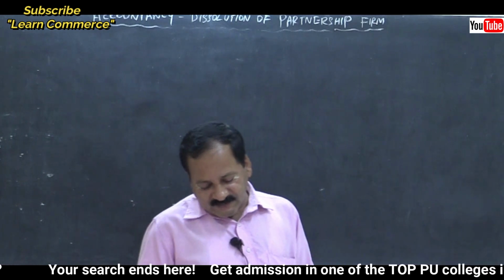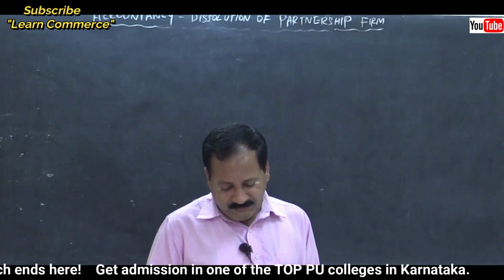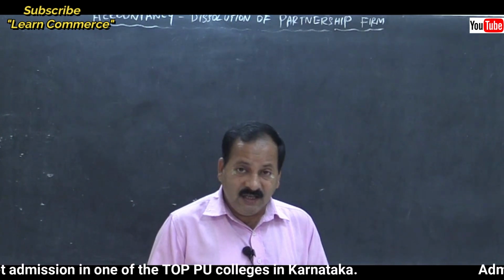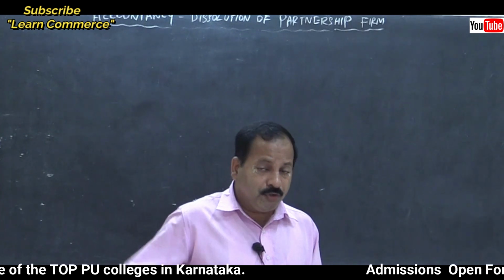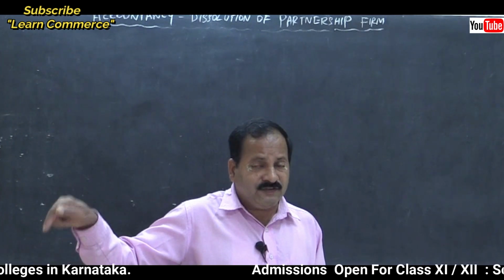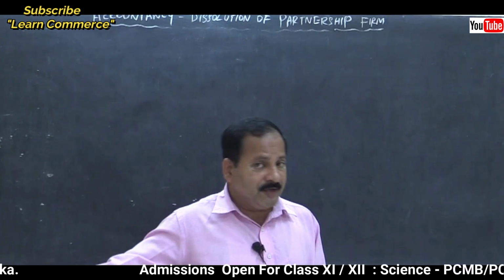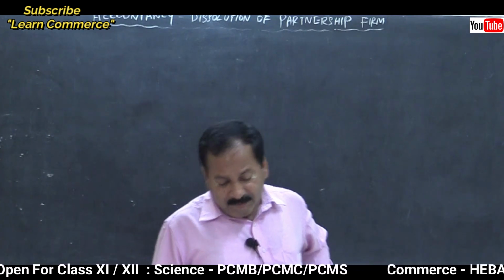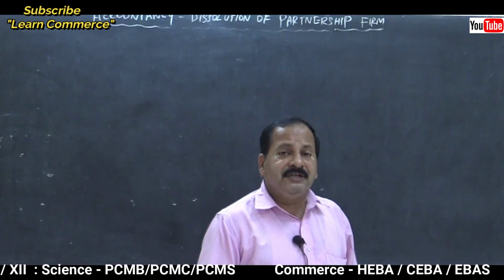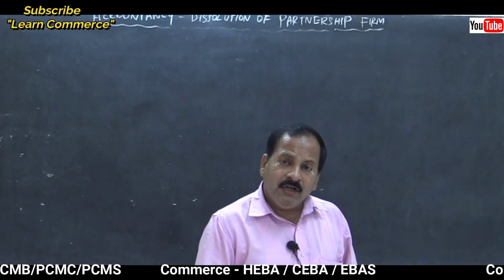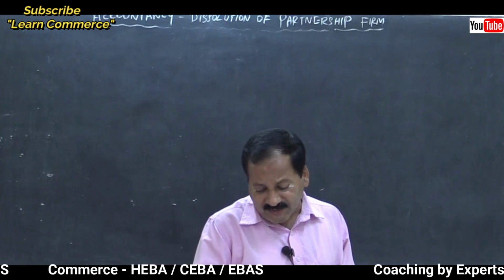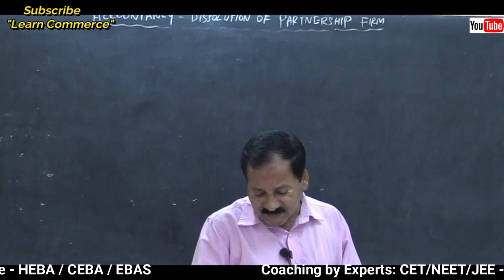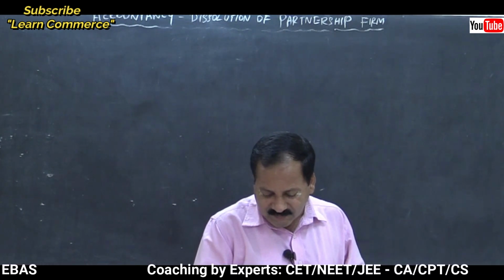Then the capital balances of Tanu and Sonu need not be transferred, because the capital balances will go to the combined capital accounts, starting with balance brought down on the credit side. Reserve fund, you know it very well, should be transferred to all partners' capital accounts in their profit sharing ratio, that is given as 5:3, right?